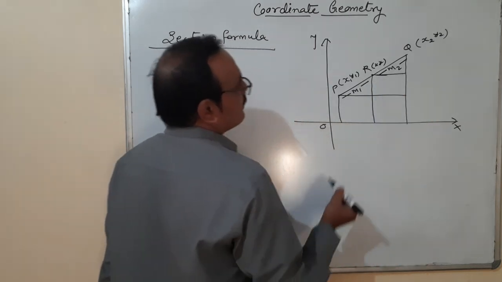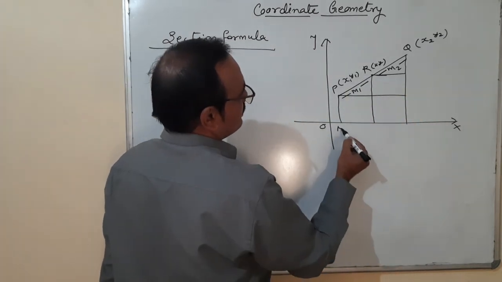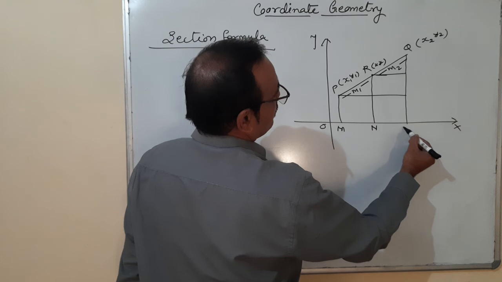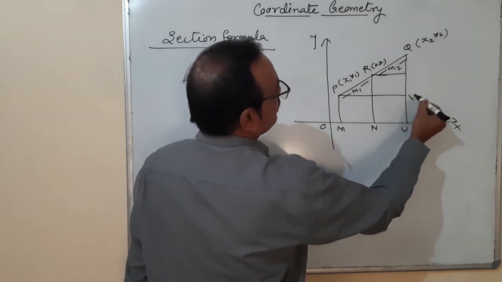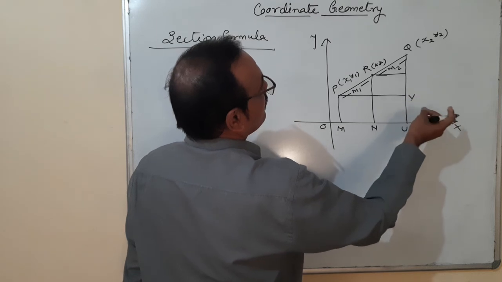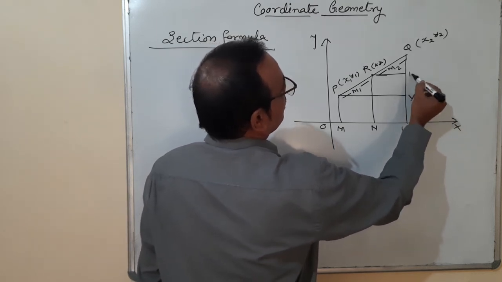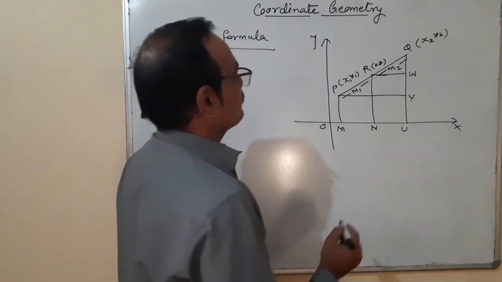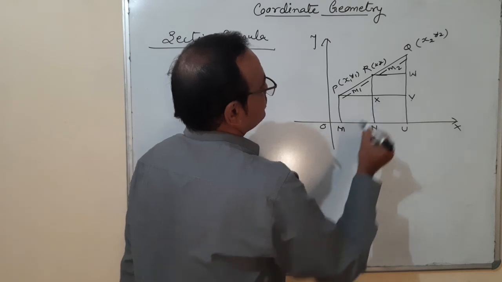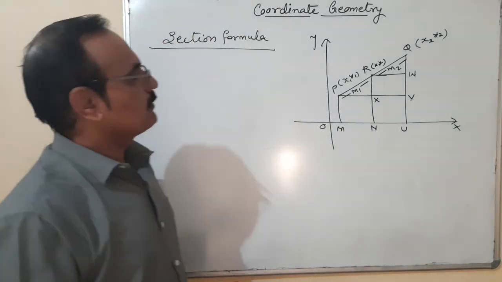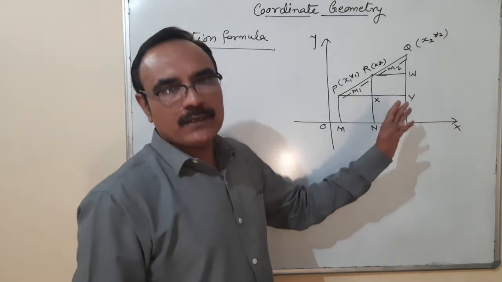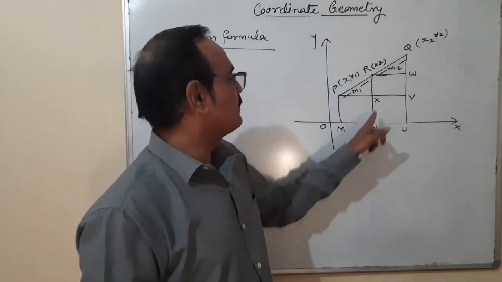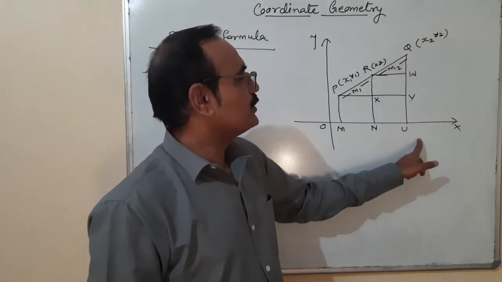Giving the names P, Q, R, M, N, U, V, and one more name is required, I'll give the name X. What I have done here: drop 3 perpendiculars from points P, R, Q on the x-axis: PM, RN and QU.